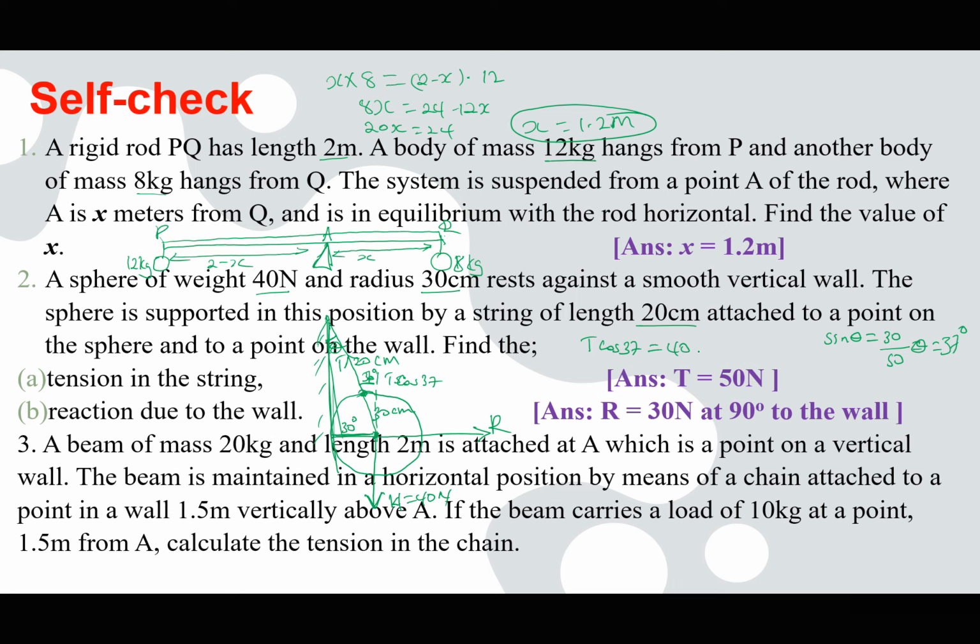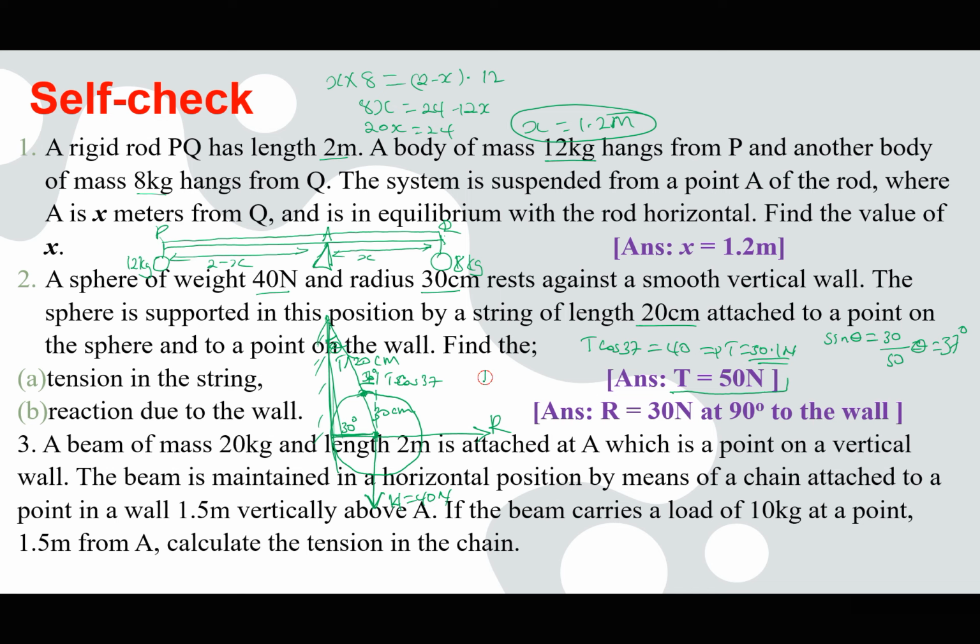So I'll say 40 divided by cos of 37. So this means T is approximately 50.1. So T is equal to 50.1 newtons. You can verify that. If I want the normal reaction, I have to resolve T to the horizontal.